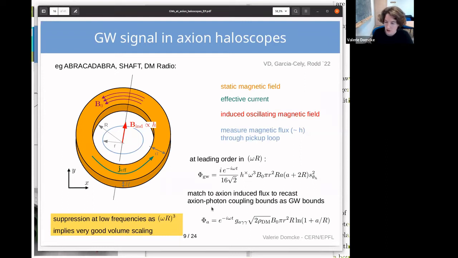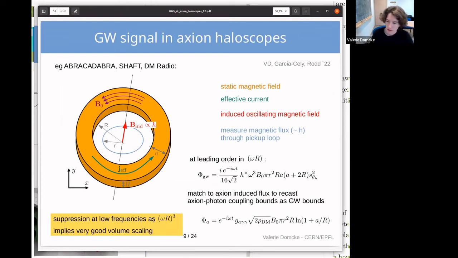So you get an additional omega times length scale suppression, in the sense that typically you're operating these experiments in a regime where omega times r is small, so you're in the long wavelength mode of what you're looking for. So this gives you a penalty factor.